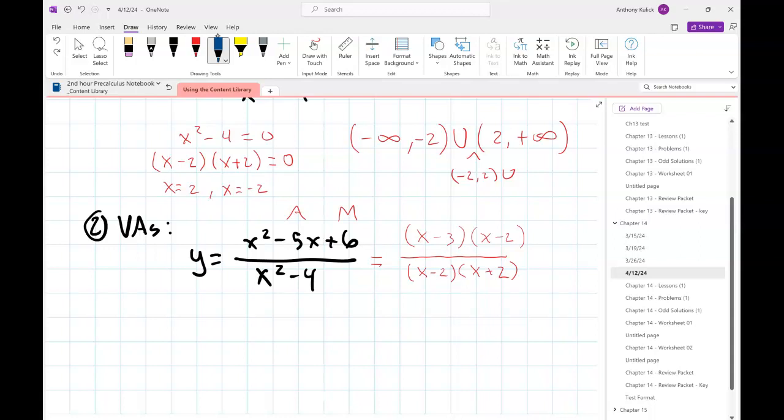All right, so we did all the factoring. How do I do the reducing? Get rid of the x minus 2's, right? So hold on a second, because right now we're asking for vertical asymptotes. So we've reduced the fraction, right?